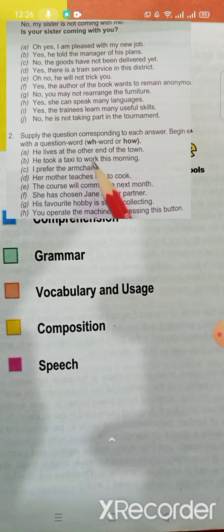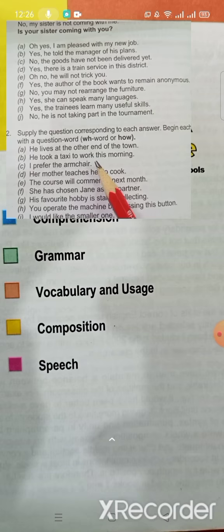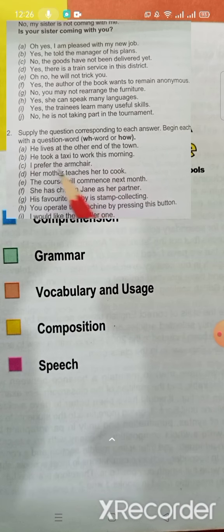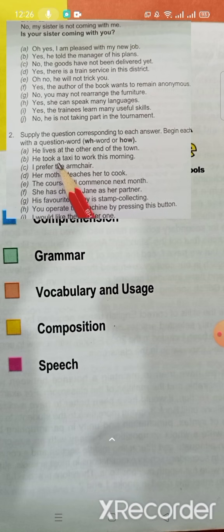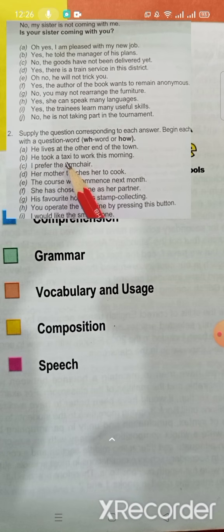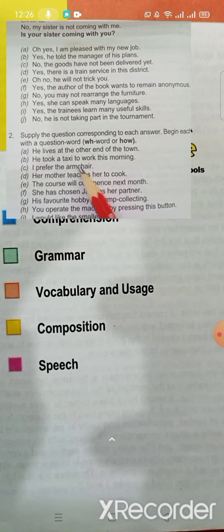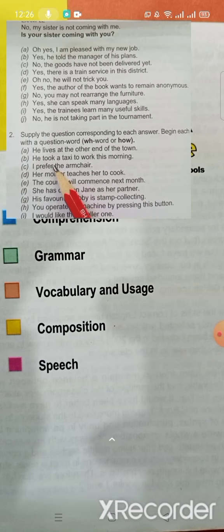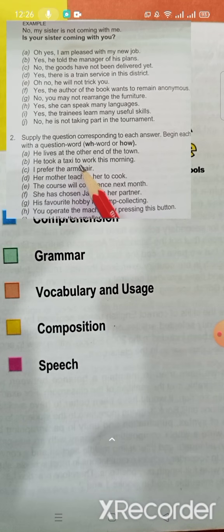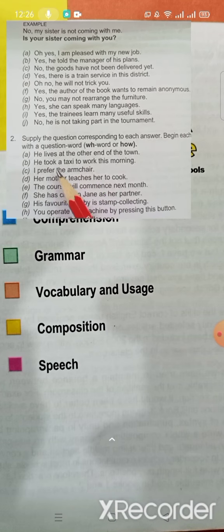Next: he took a taxi to work this morning. What will be the question? You can make any question, it's up to you. How did he go to work? It can also be: when did he take a taxi to work?